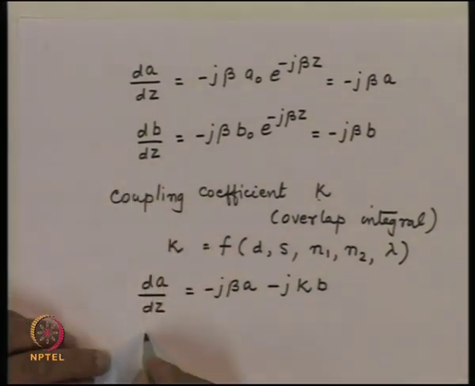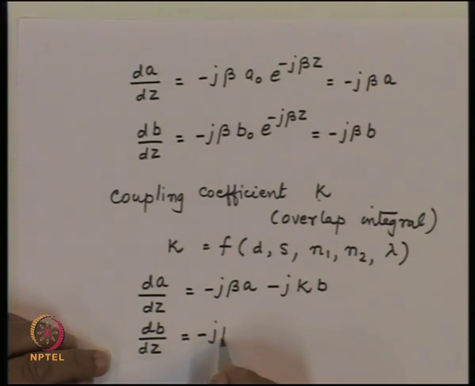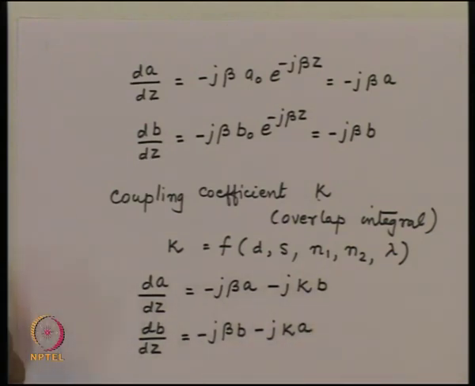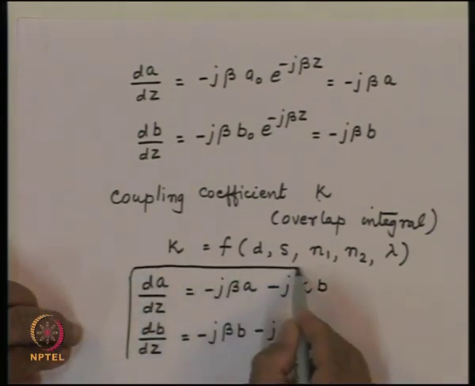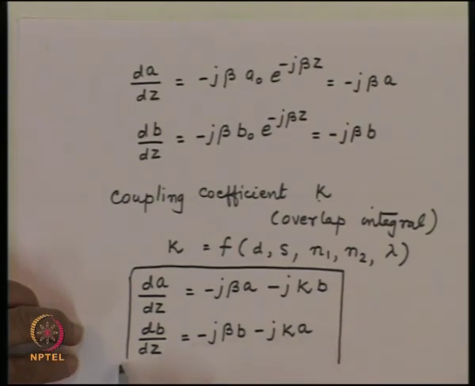Similarly, we can write for B: dB by dz is equal to minus j beta B, which is the original term, and the coupling term, which is j k into A. So for the coupled waveguides, these are the differential equations which tell you the propagation of the signal.